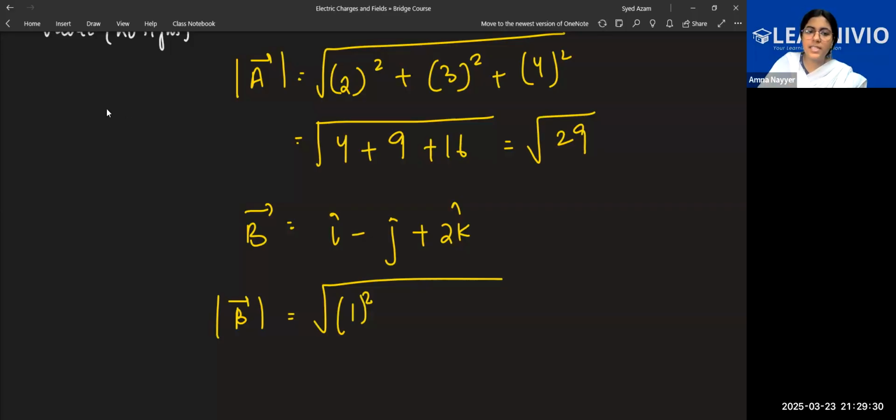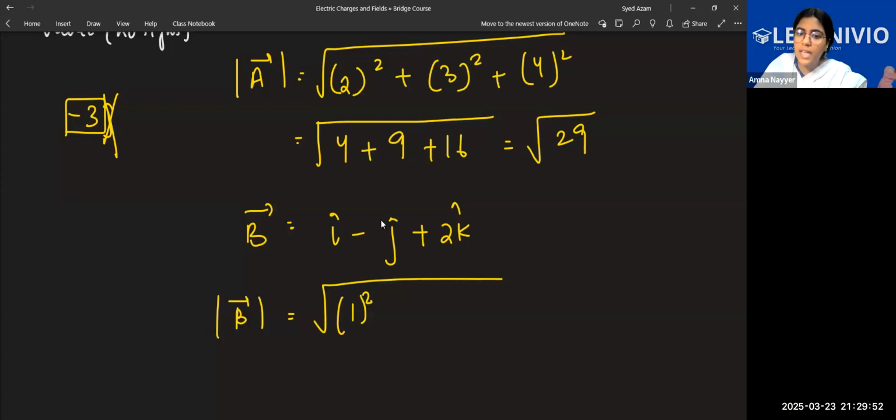Coefficient means if I say minus 3 j cap, ignore j cap, and look at what's written beside it. So this will be -1. Here we have 1 present, which is hidden, not visible, so we just say 1 is the coefficient.